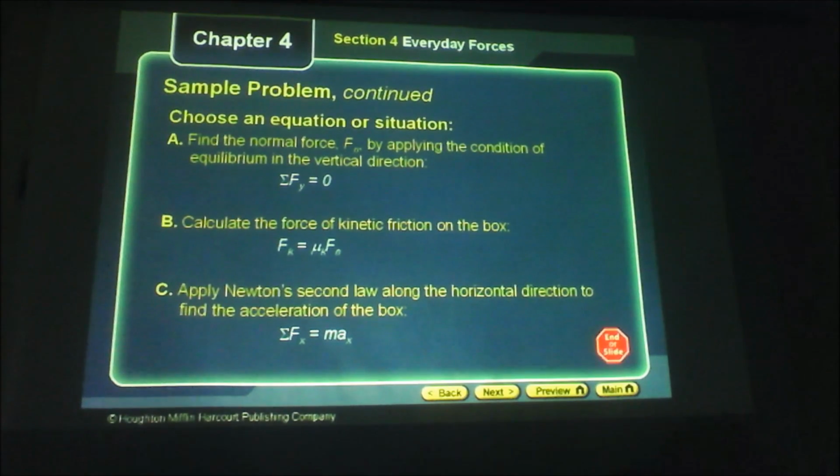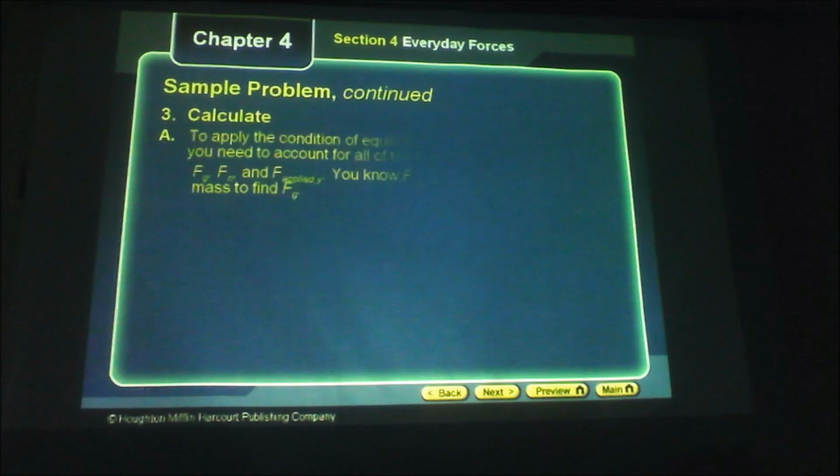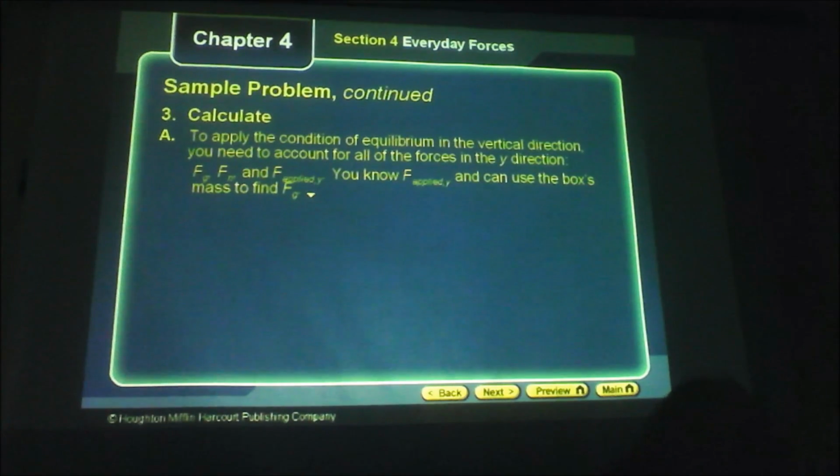The sum of the forces equals the mass times the acceleration, and in this case it's the sum of the forces on the x-axis equals the mass times the acceleration in the x-axis. To apply the condition of equilibrium in the vertical direction, we also need to account for all the forces in that vertical y direction.